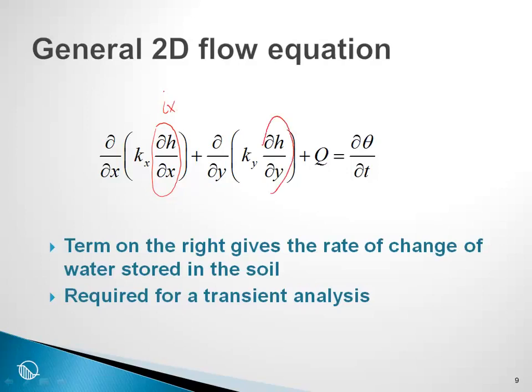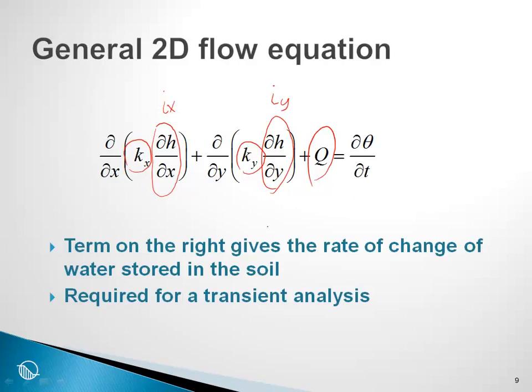This is the gradient in the y direction. These are the material properties, Kx and Ky, hydraulic conductivity or coefficient of permeability. This is what is known as a source or a sink term, which will become clearer later. It is a form of specifying what happens at a point or what happens along the boundary.